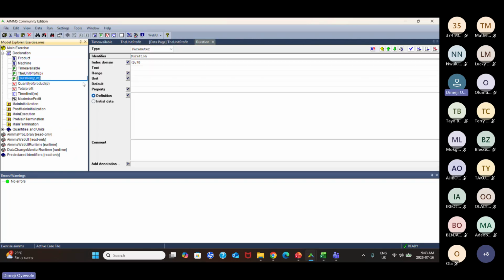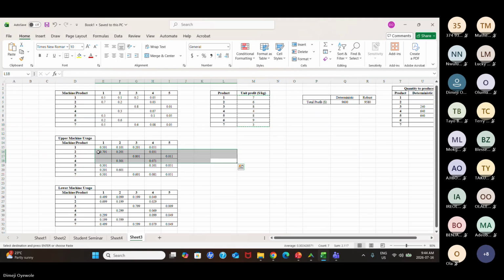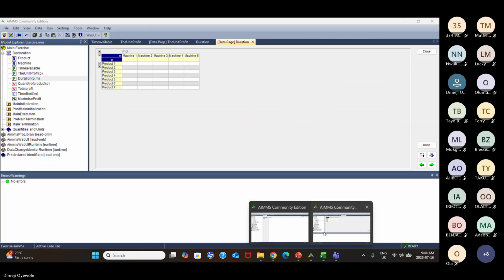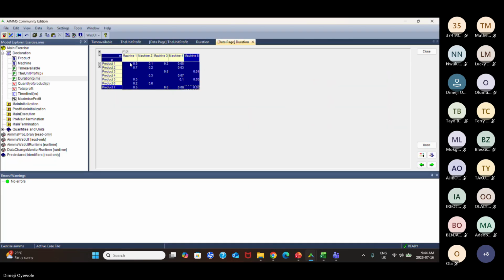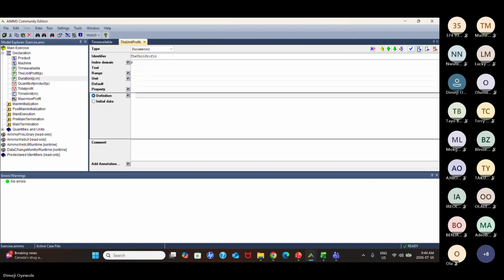The duration. So those are the parameters. That's where we need to put values into. Okay.